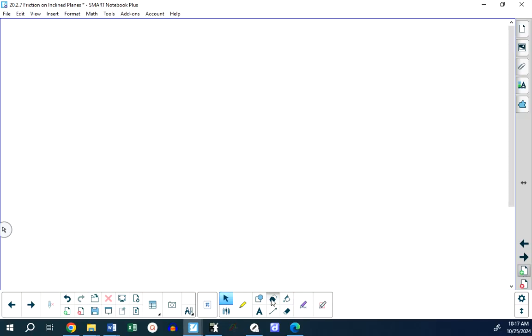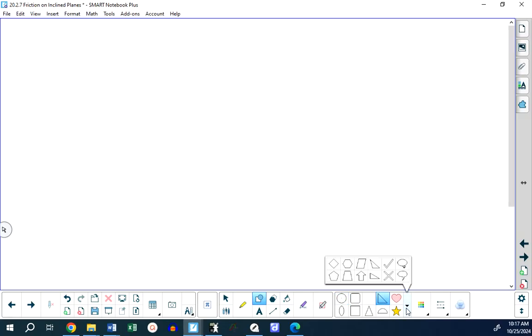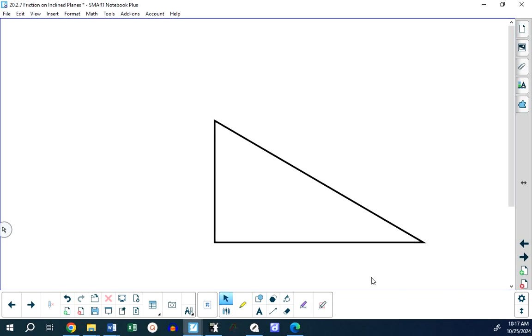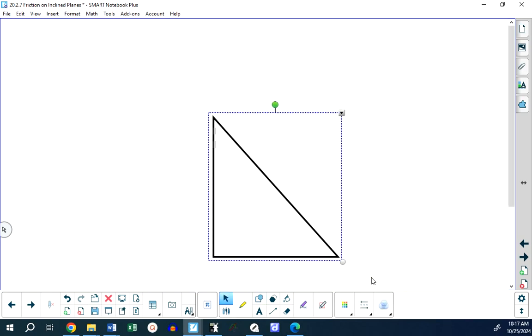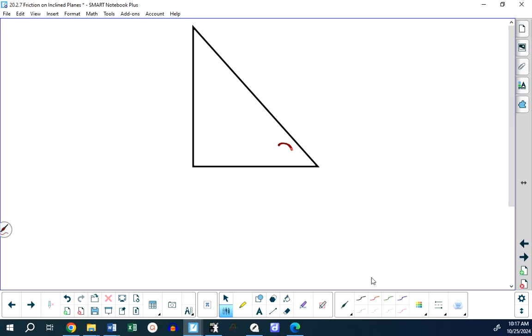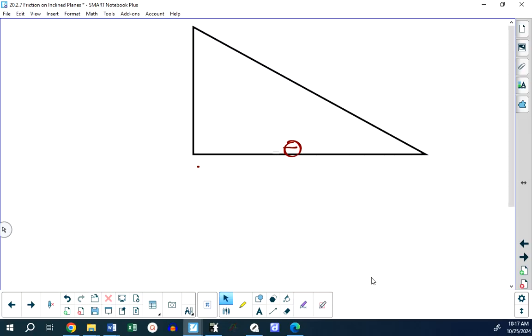If you have a ramp, and this is theta, I don't want it that steep. And this is theta, and you have your mass on the ramp.